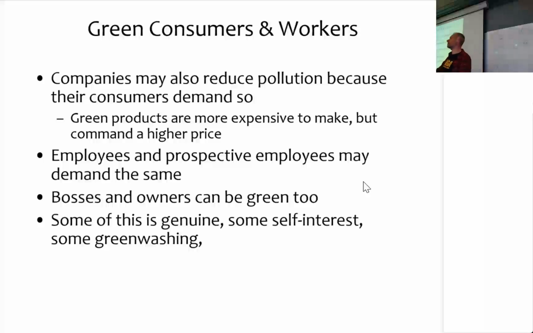There's always a green segment in the market, and it's more expensive, but obviously it's in the supermarket, and if you go back next week or next year, it's still there, so people must be buying it, right? Otherwise, the supermarket would not be offering this. So there is just a market for these things, right? And if you can position your company to sell into this market, you can make money. So that is one reason why companies do this, even if there's no environmental legislation around, right?